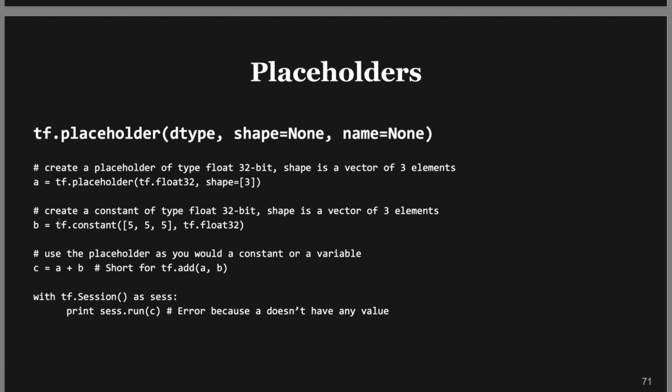So let's say A is the placeholder, B is a constant with the same shape, and we come up with an operator C, which is A plus B. Now, if you try to run ses.run C, at this point TensorFlow will throw an error. Why? Because it does not know the value of A.